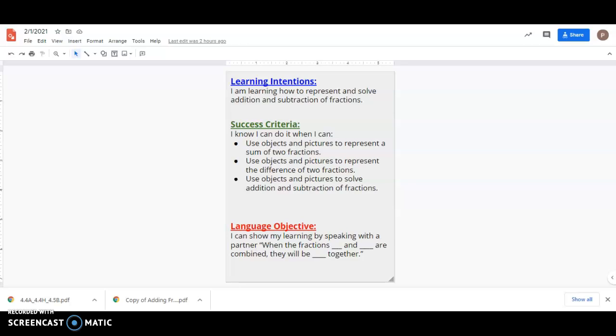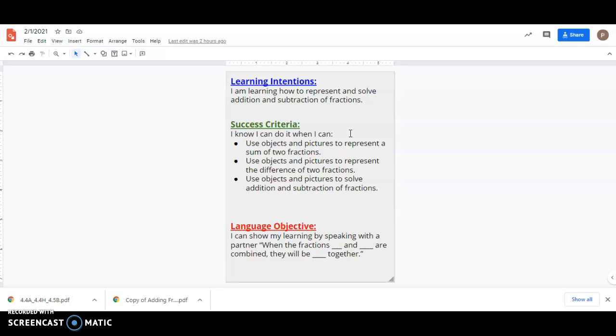Hello, ladies and gentlemen. So today we are continuing our learning on how to represent and solve addition and subtraction of fractions. Today we are going to continue focusing on addition of fractions. We will use objects and pictures to represent the sum of two fractions, right?